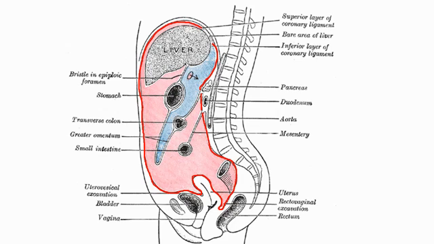So we've got the parietal peritoneum in red, and you can see it lines the abdominal cavity. And then where the peritoneum surrounds the viscera, the organs within the cavity, it's called the visceral peritoneum. I'm going to draw this on in blue.